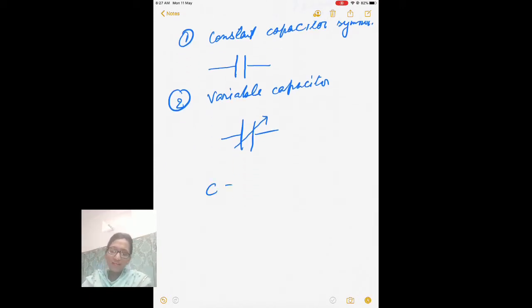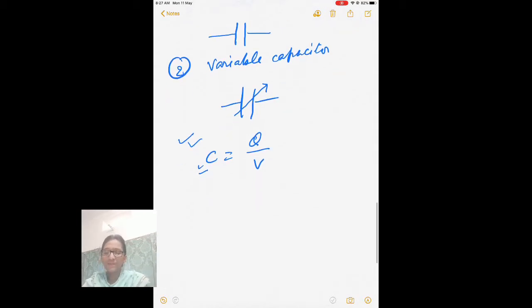Now we know that capacitance is equal to Q upon V. So how can we use this device practically? Capacitance will be more when you have more charge with less potential. So practically we try to find a device, a system that we can call capacitor, which is holding more charge at less potential.